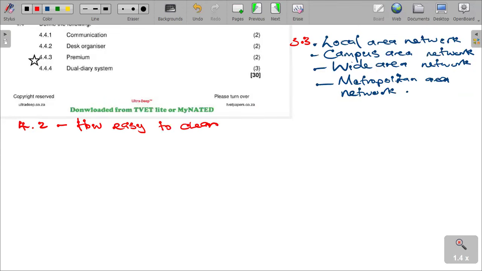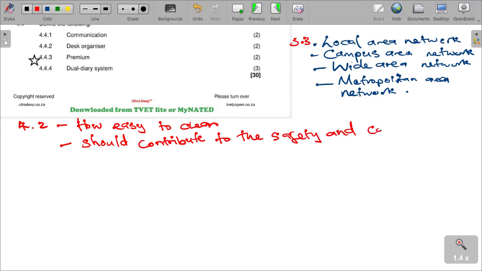It is also supposed to contribute to the safety and comfort. The furniture must contribute to the safety and comfort of the workers.